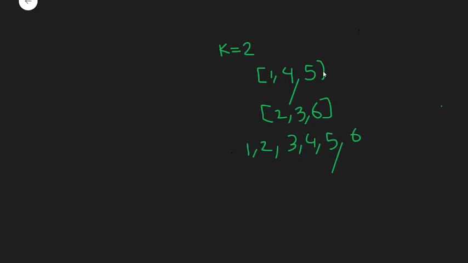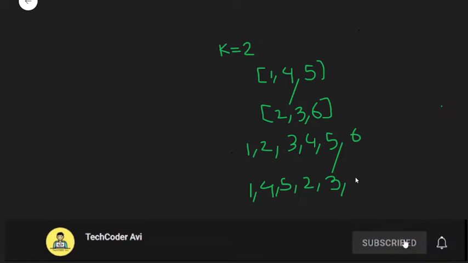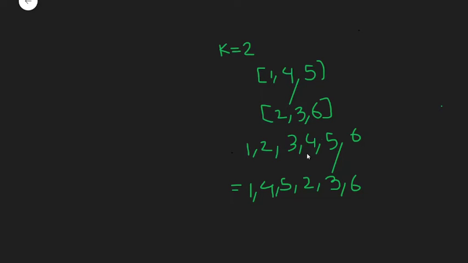The brute force approach we can apply to do this problem is that we can at first merge these two linked lists. So after merging, our linked list will look like this: 1, 4, 5, 2, 3, and 6. This is what our linked list would look like after merging only.